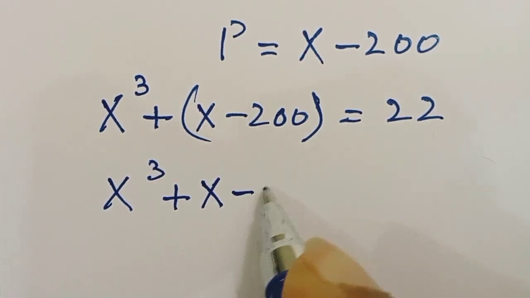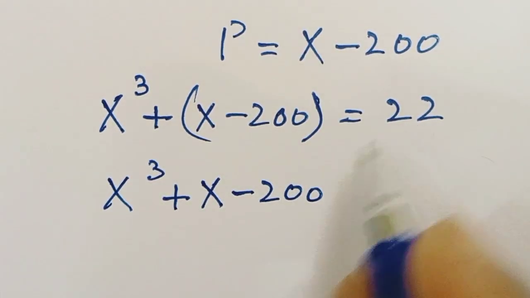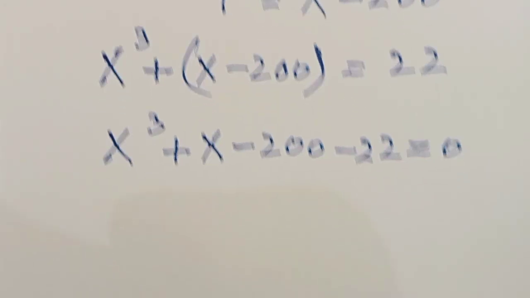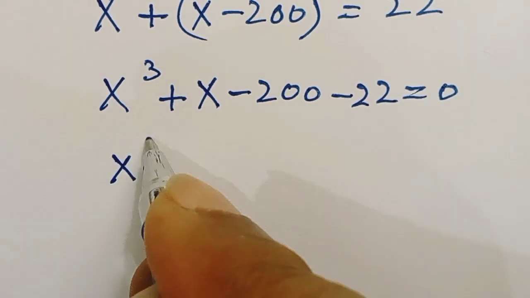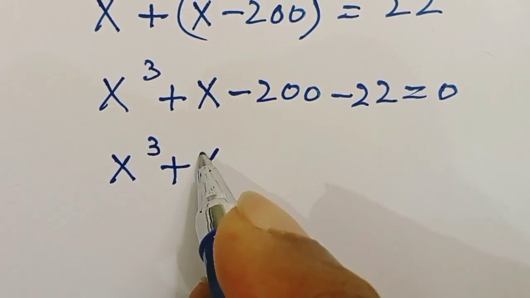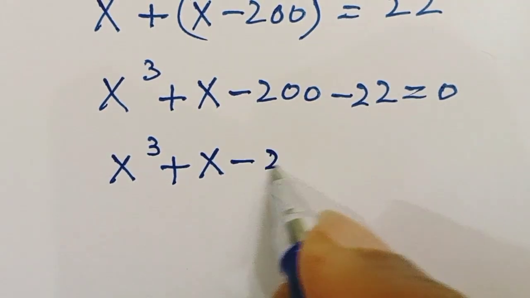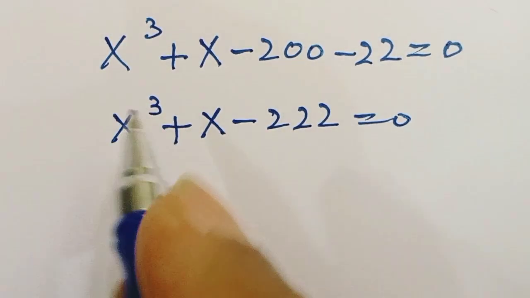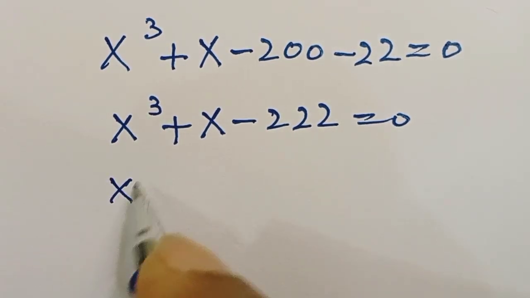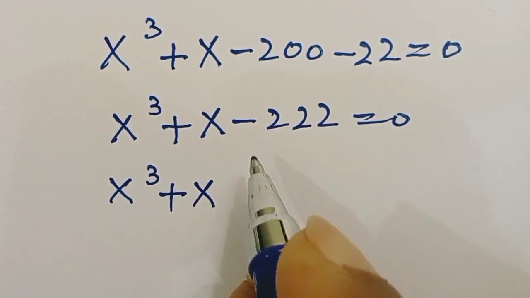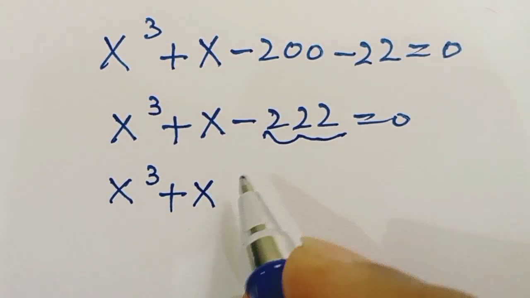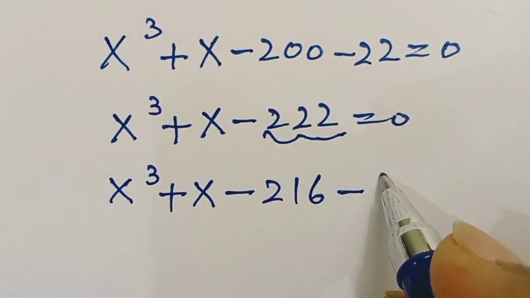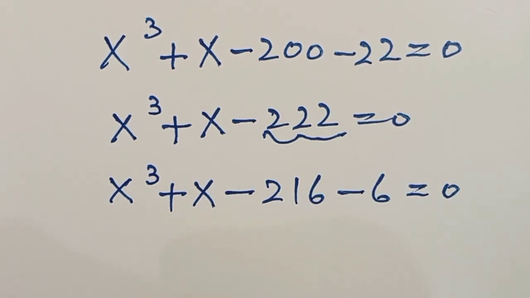plus x minus 200, this 22 will go here, minus 22 is equal to 0. So x cube plus x minus 222 is equal to 0. x cube plus x, we divide this 222 into minus 216 minus 6 is equal to 0.